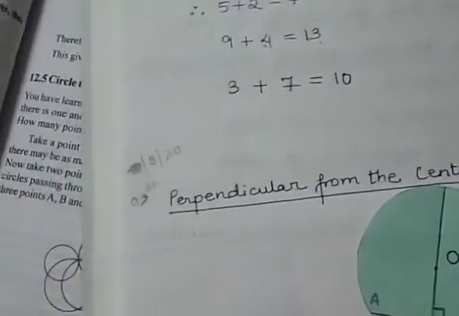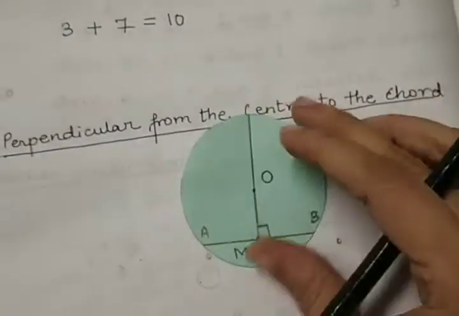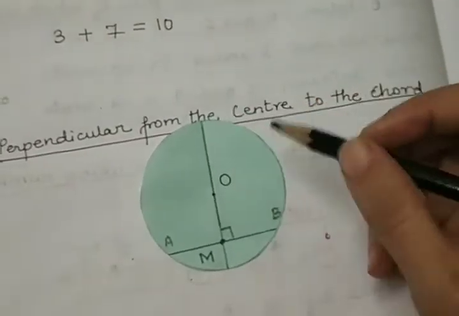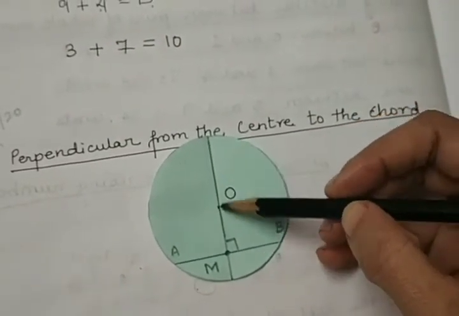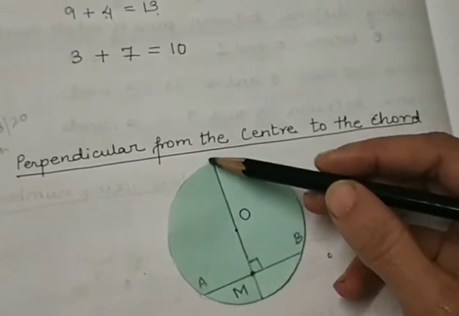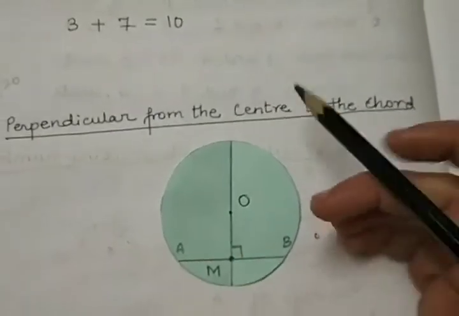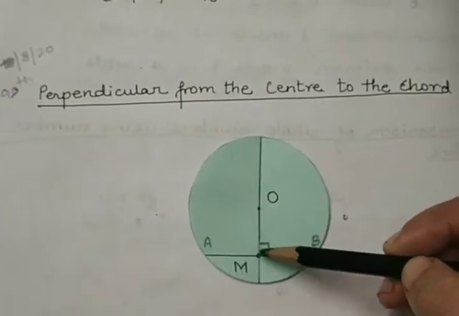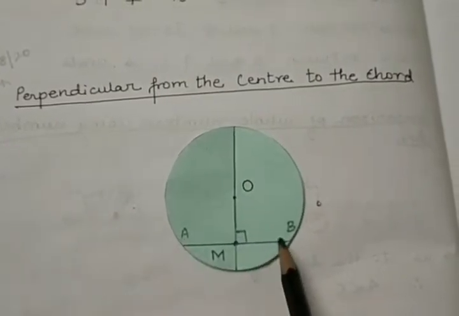The next theorem says, when you draw a perpendicular from the center of the circle to the chord, this perpendicular will bisect the chord.